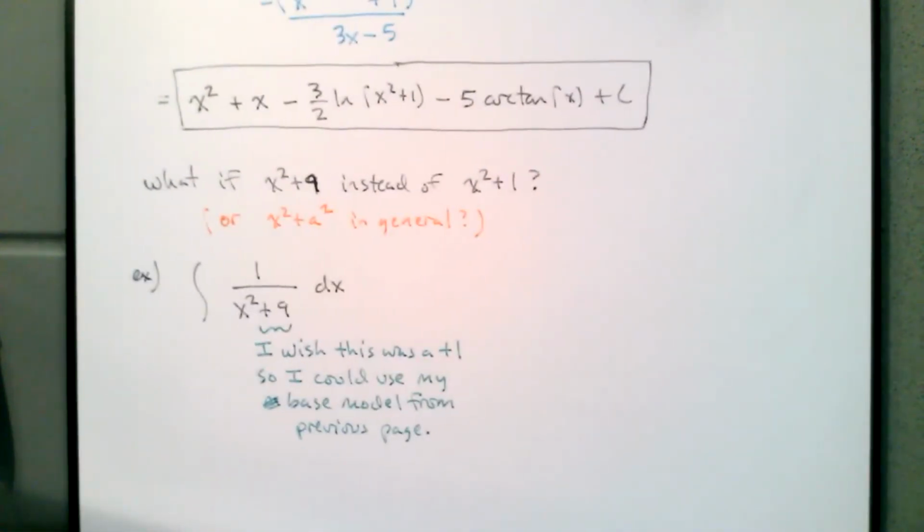So the thinking is this: I wish this was a +1 so I could use my base model from the previous page. Instead of 1 over x squared plus 9, I wish it said 1 over x squared plus 1. So we're just going to make that happen.